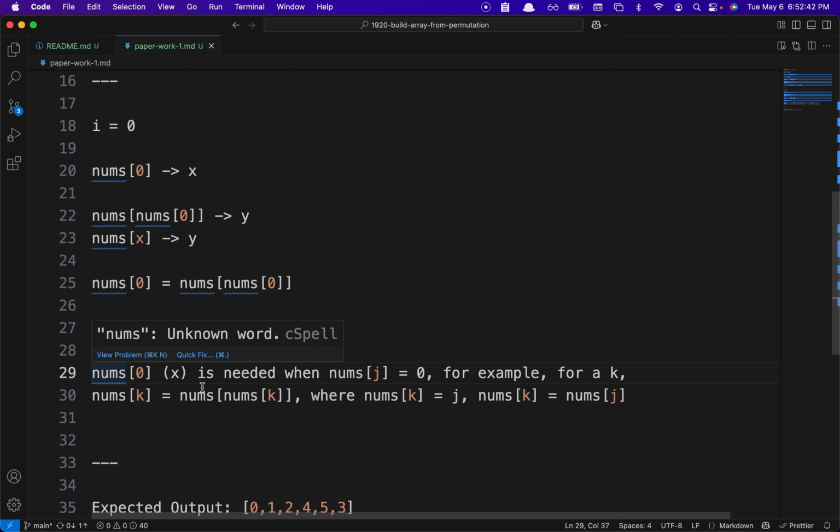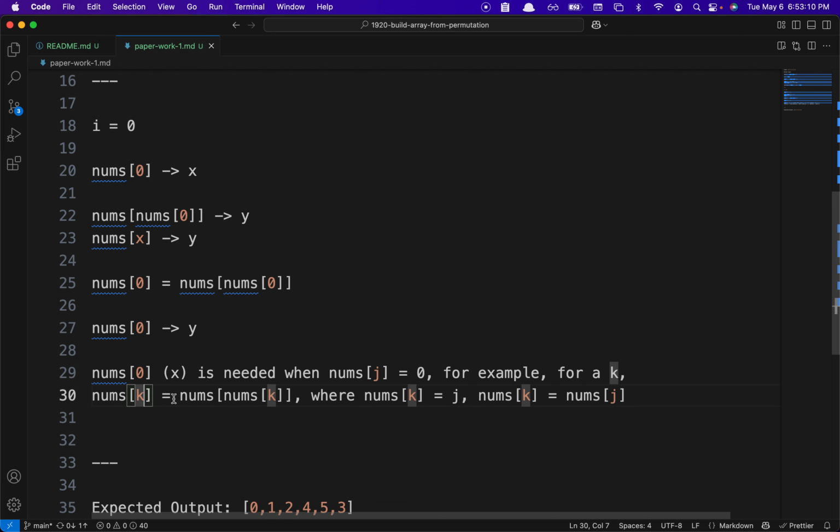I think so. You need this x value if something, when this is 0, and you'll end up with nums of 0.